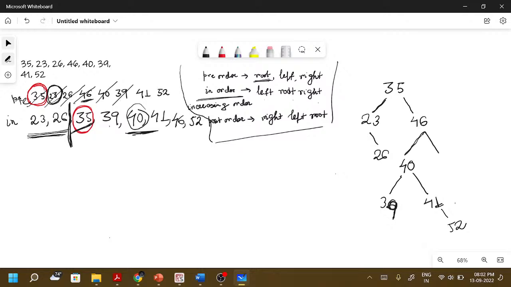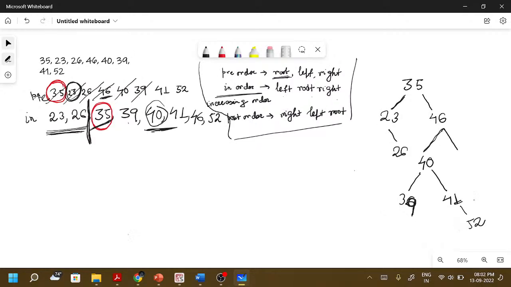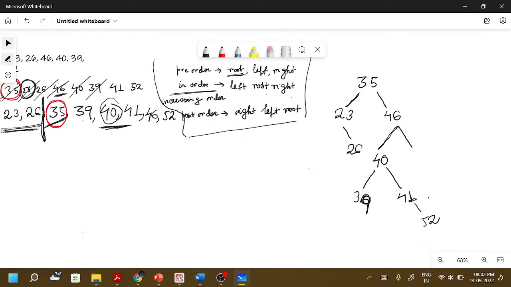The right child is always bigger. So even if you draw 52 from the top, 52 is greater than 35, so it goes right. 52 is greater than 46, so it goes right. So finally it will be the right child of 46.